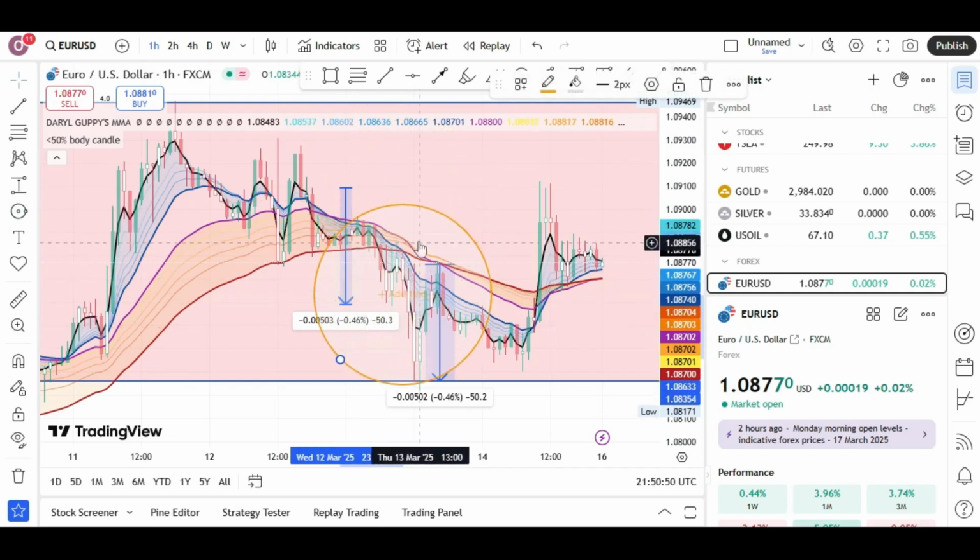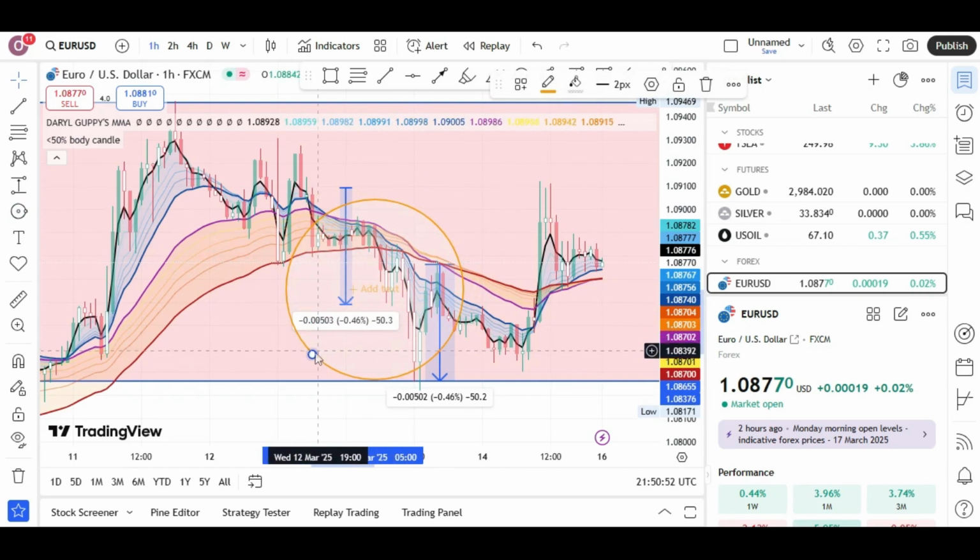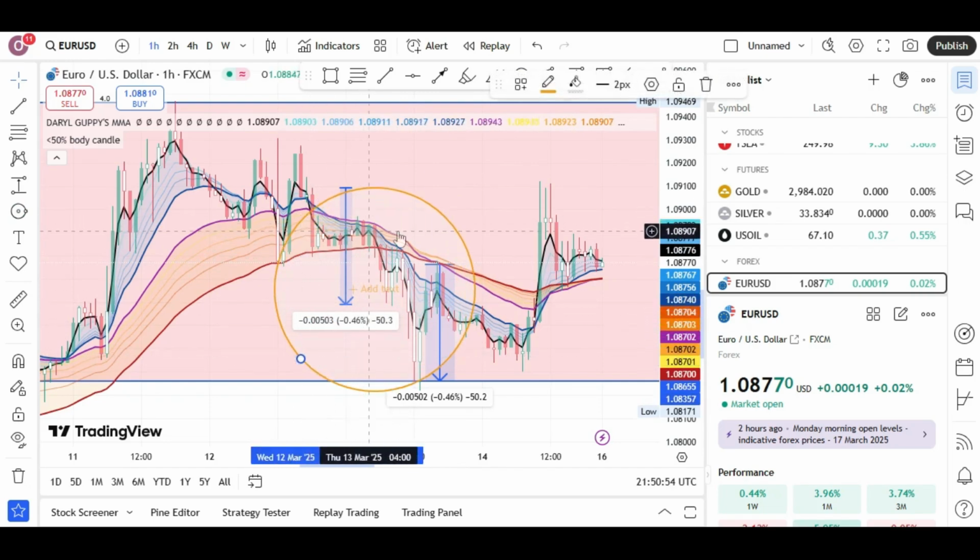Within this zone of calculation, you will notice that because they are having the same amount of consolidation and the same for the breakout, there was a reversal to another direction.